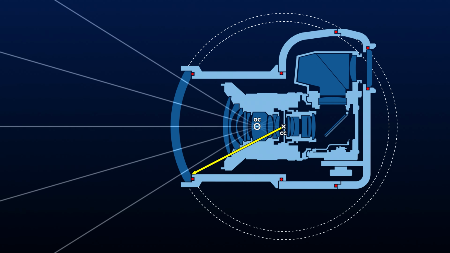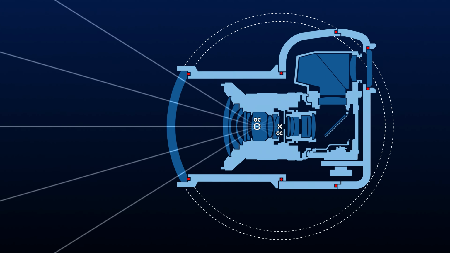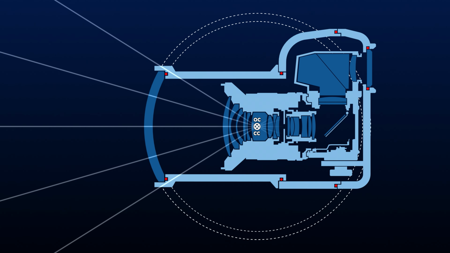As you can see in this case, the center of curvature of the dome is behind the optical center of the lens. To ensure that no refraction occurs, one must position the dome port in such a way that the center of curvature of the dome port coincides as well as possible with the optical center of the lens. So we are going to need to extend the dome forwards with one or more extension rings.